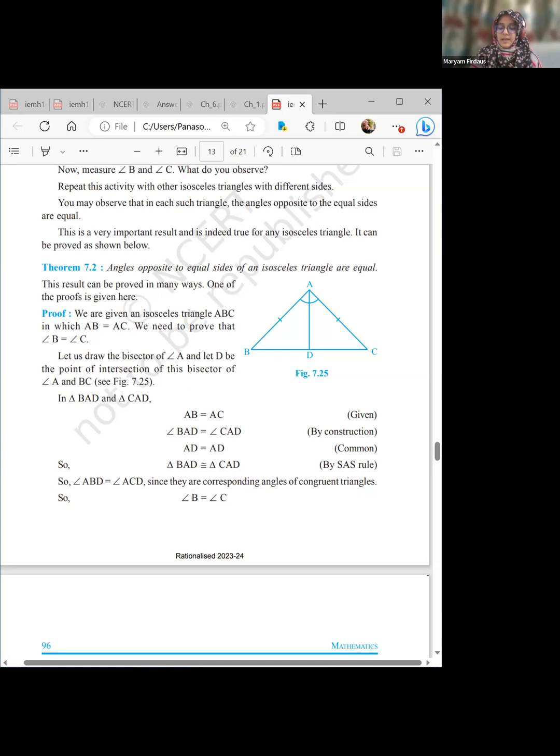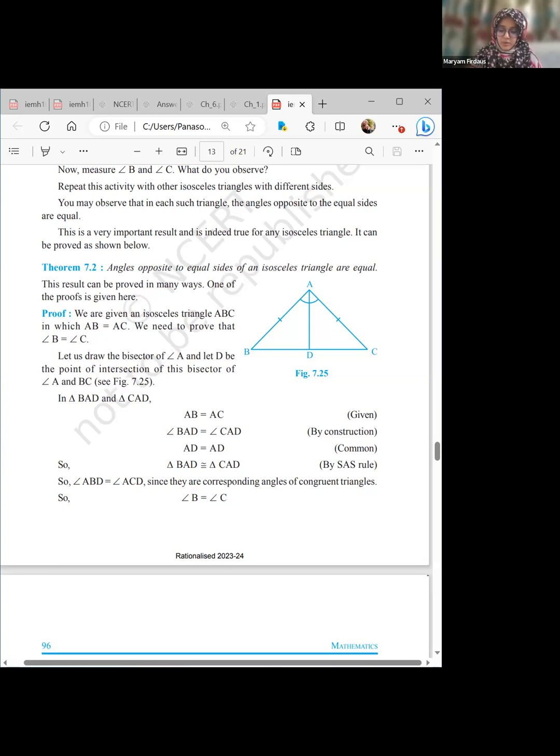The theorem says that angles opposite to these two equal sides, which means this angle is opposite to this side, and similarly this angle is opposite to this side, are going to be equal to each other. This is what the theorem says. And let's prove it, okay?